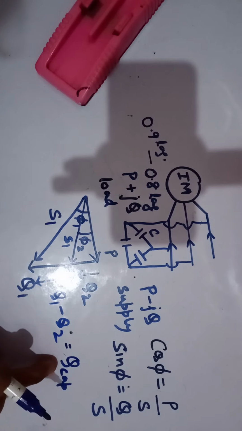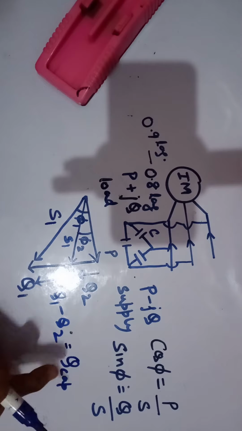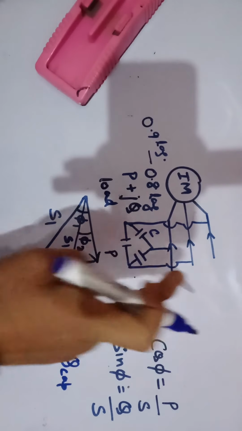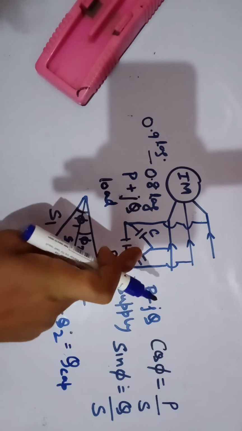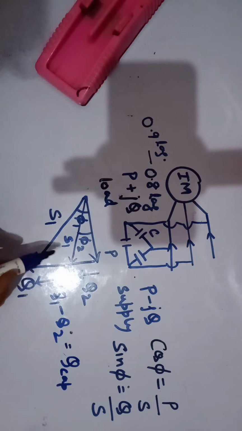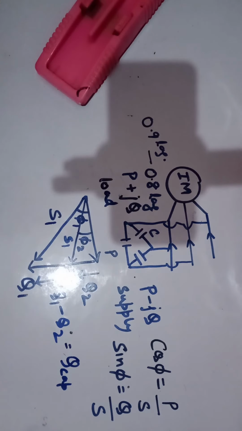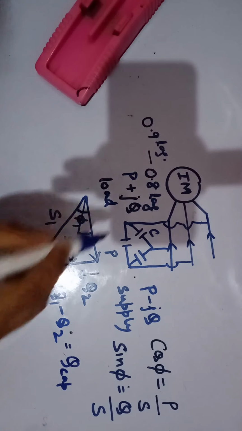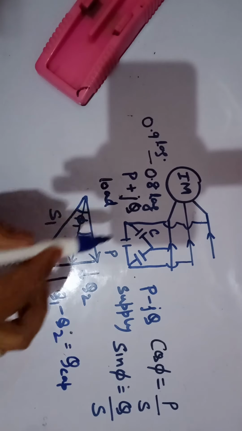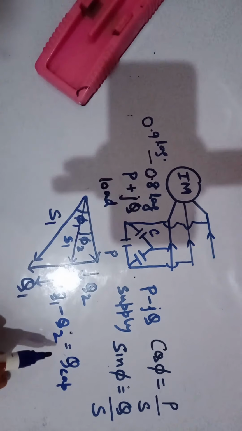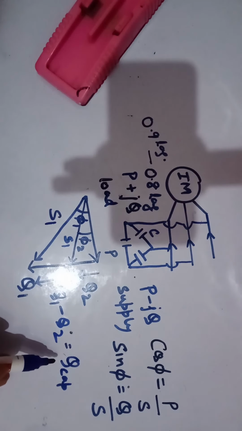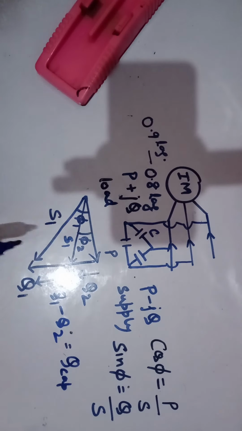This Q is not coming from the supply, it is coming from your capacitor. That's why your power factor got improved. Now take it as a point that your capacitor is not giving your real power, it is giving your reactive component. So that's why it is improving your power factor.